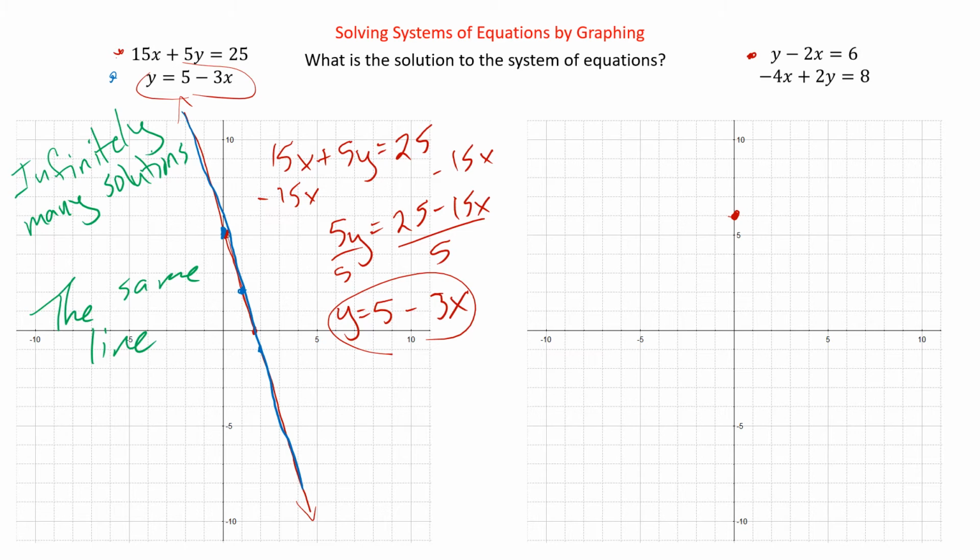So we can divide to get x equals negative 3. And then the second one, if x equals 0, 2y equals 8, so y equals 4. And if y equals 0, we get negative 4x equals 8. Divide by negative 4, x equals negative 2.